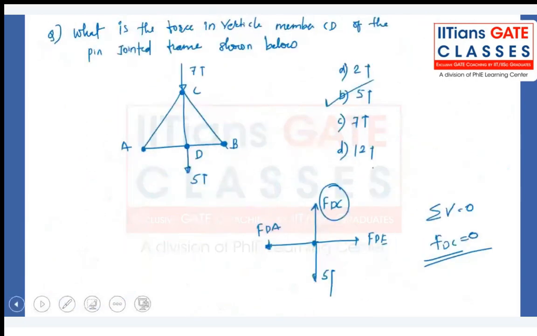This is just a single truss you are getting, and you are supposed to calculate the load in the member CD. Even if you have horizontal load, that doesn't change the answer, because we do have FD and FD as horizontal loads. What I am asking you is, in the vertical direction, what is the load? This is not a support, first of all. This is the joint.